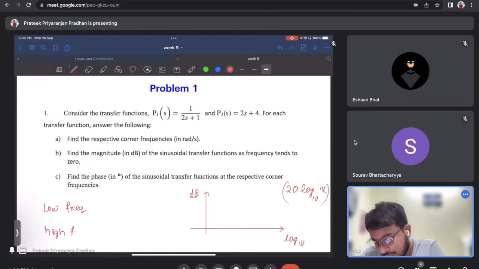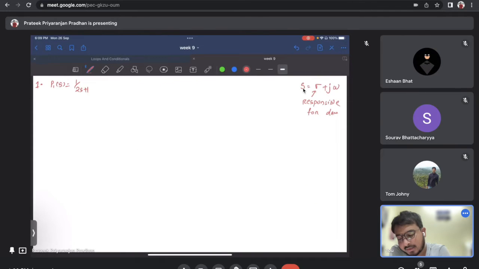The real part is responsible for damping, and omega is pure frequency. When we do the frequency analysis, we drop the real part, we tend it to 0. So we take s equal to j omega. Then P1(j omega) is equal to 1 upon 2j omega plus 1.